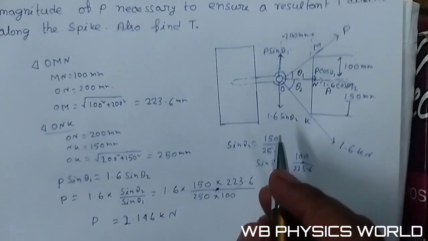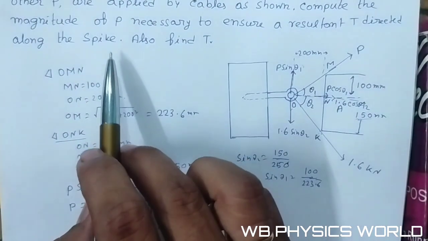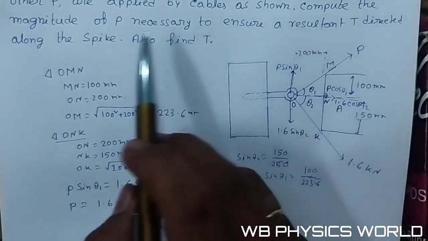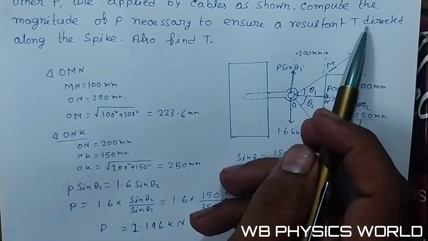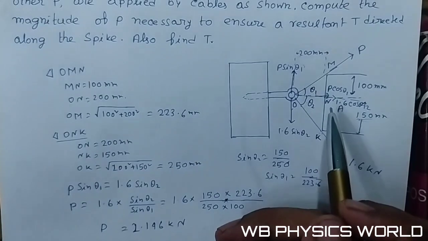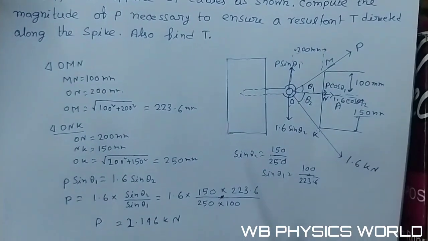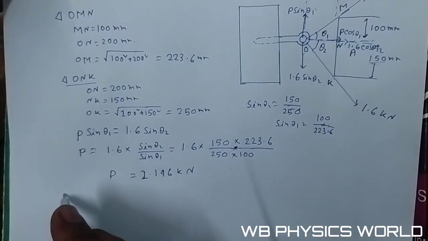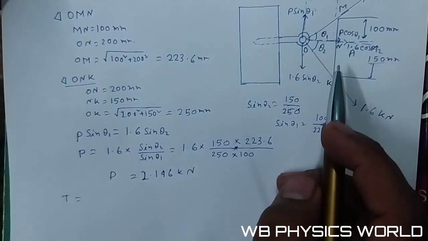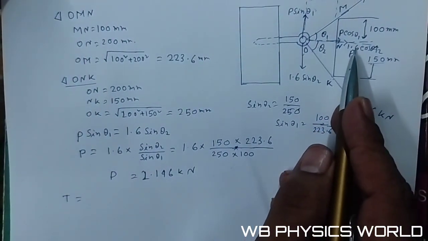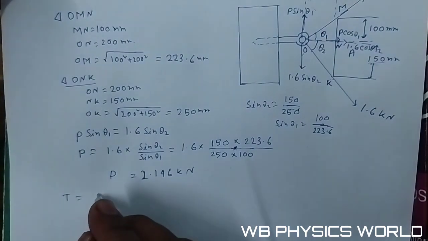And we see that the resultant force T is directed along the spike, and the total force along the horizontal direction is given by T equal to P cos theta 1 plus 1.6 cos theta 2.